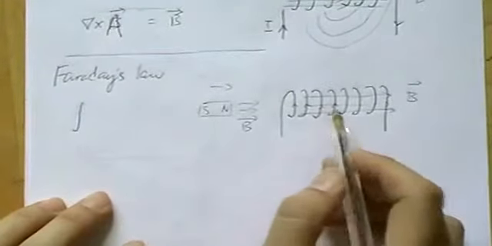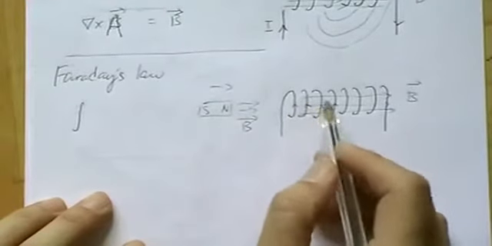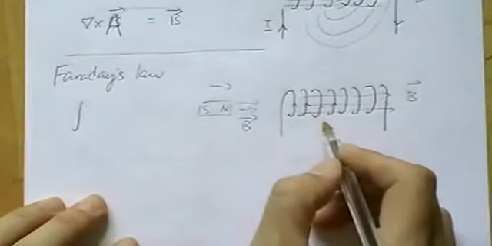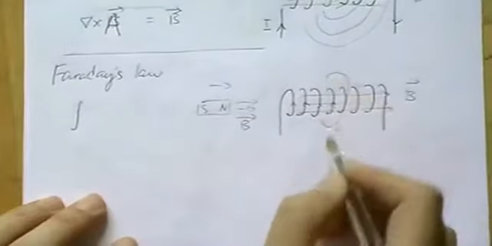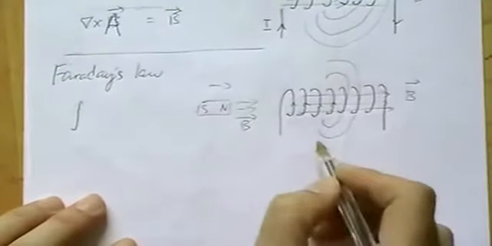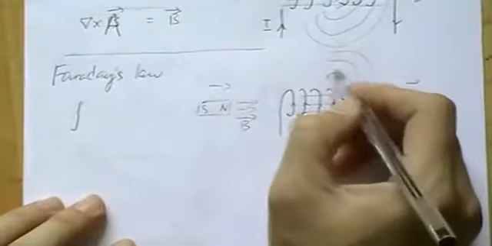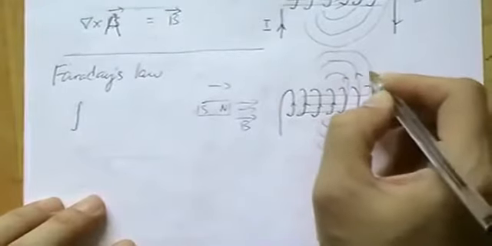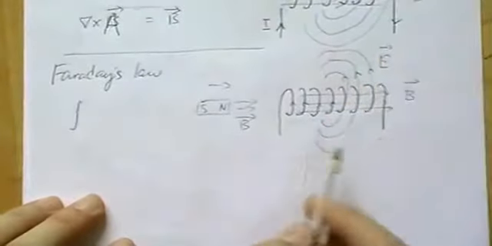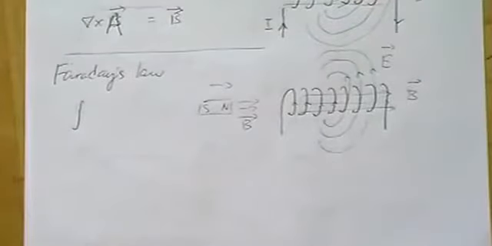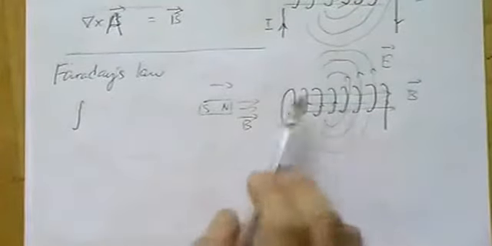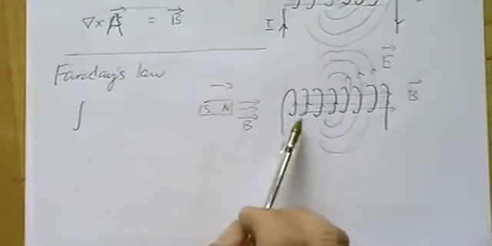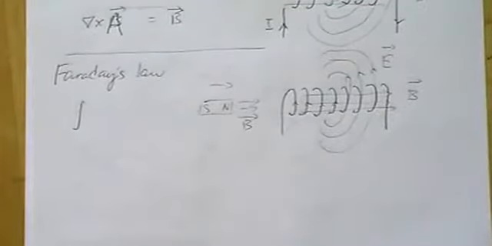So that circular field would not just be limited to inside the coil of wire. It is in fact spread all over the surrounding space. So you have this electric field that goes around. So that's an extension of what we would learn as an example of a setup for Faraday's law.